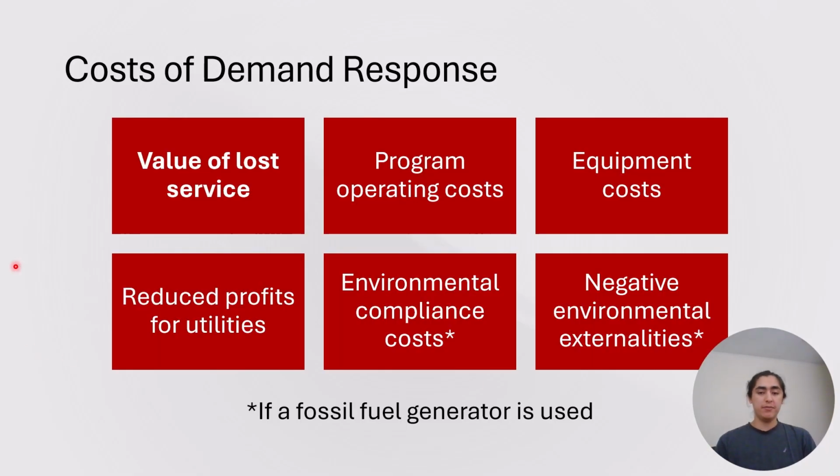A major cost of demand response is the loss of services. So the specific service I'm referring to, there's a wide variety of them, but in cases of controllable loads, where the utility company can remotely shut off your devices, you lose out on those services that those devices give you. For instance, your smart thermostat is controlling the climate in your home.